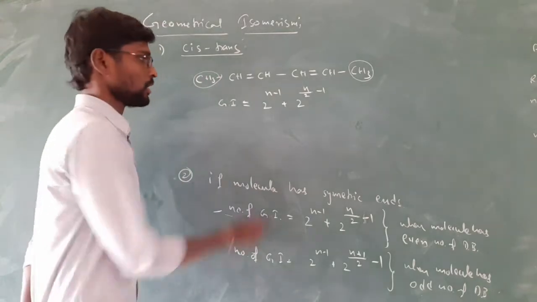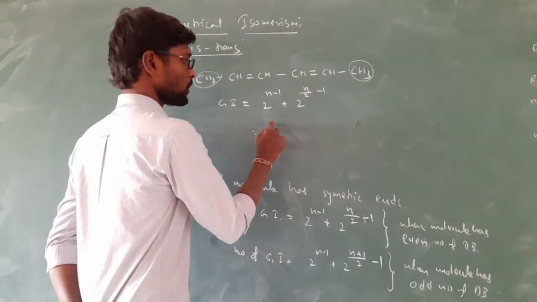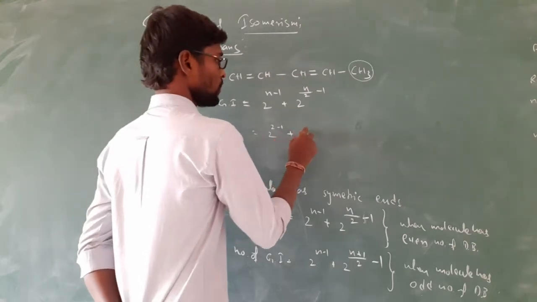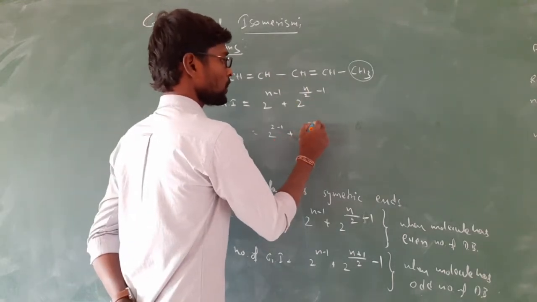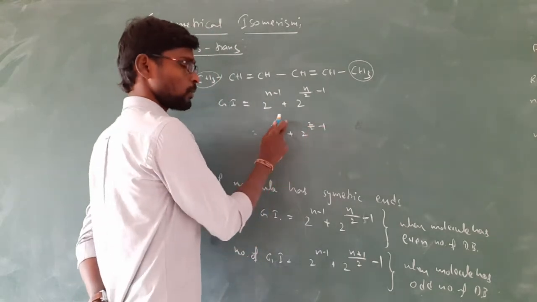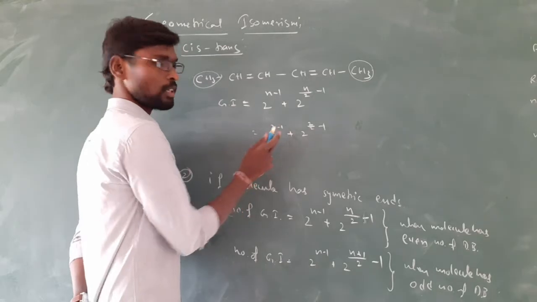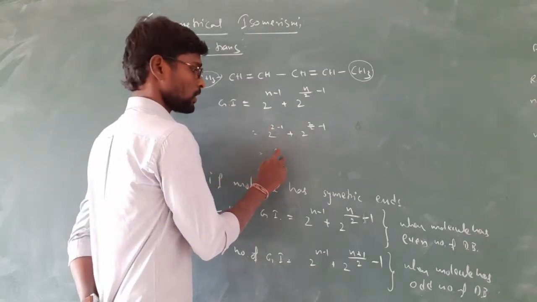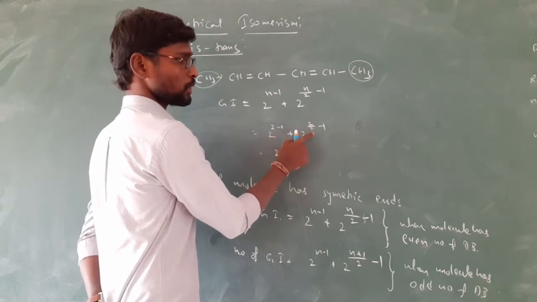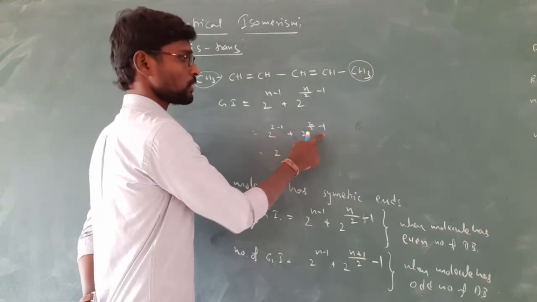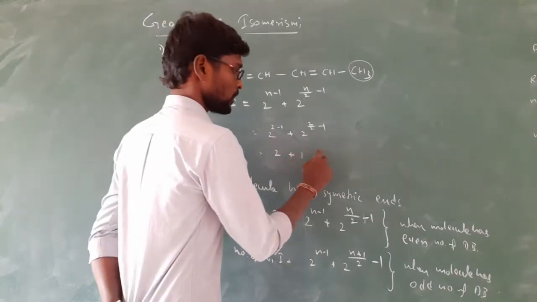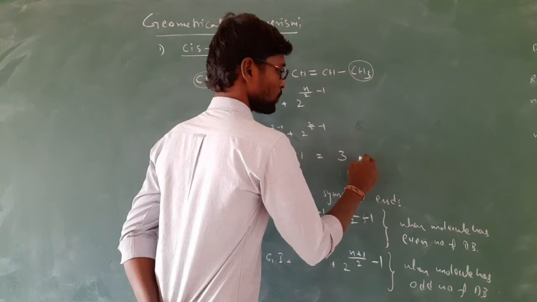So how much do we get? 2 to the power 2 minus 1, 2 to the power 1, plus 2 to the power 2 by 2 minus 1, which is 2 to the power 0. Something to the power 0 is equal to 1. So 2 plus 1 is equal to 3 isomers we get here.